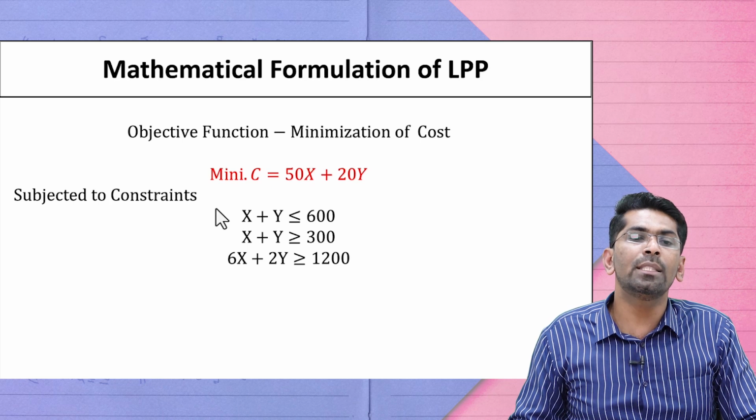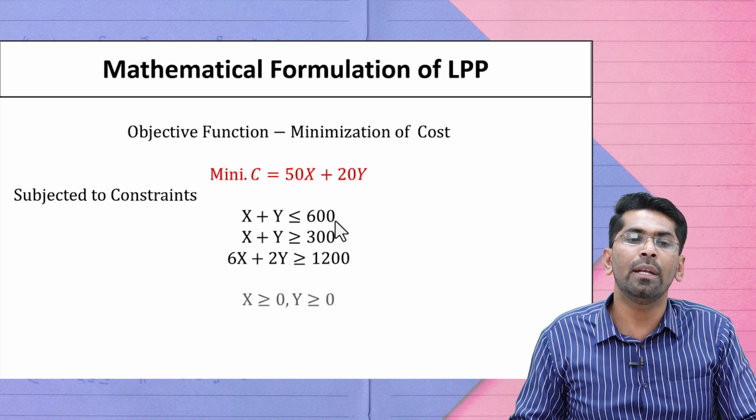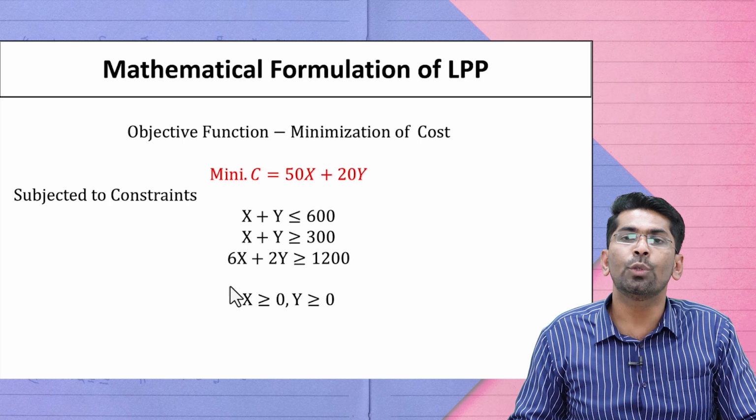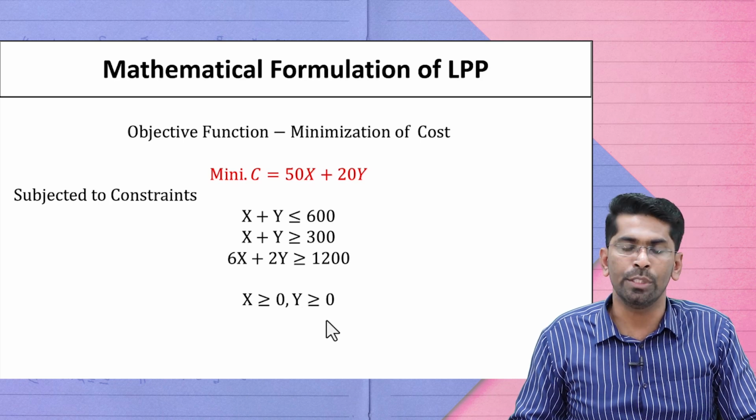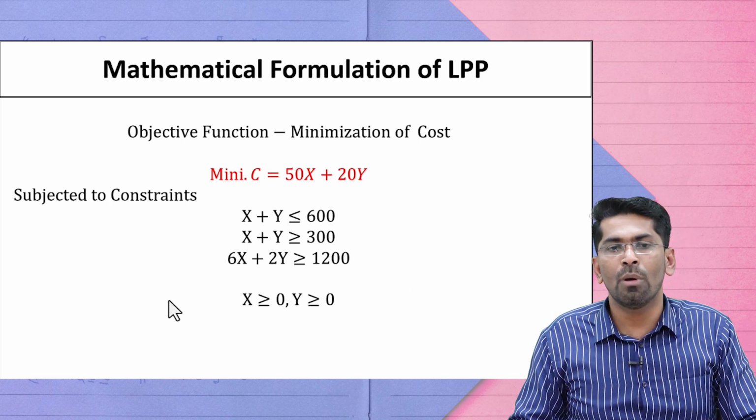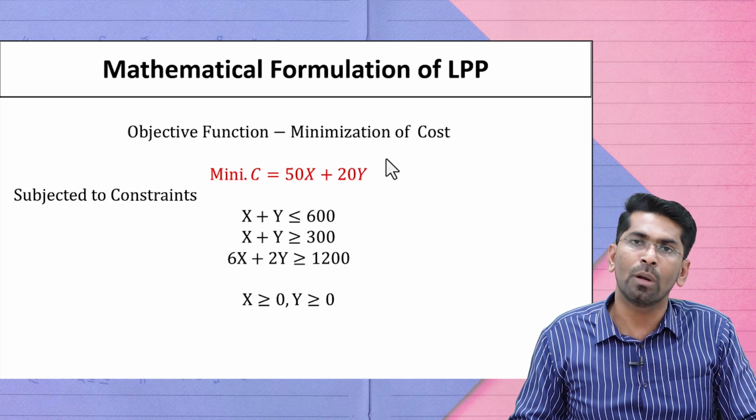Of course the non-negativity constraints are also there, that means the decision variables x and y should be greater than or equal to 0. Now our mathematical formulation of the linear programming problem is already completed.